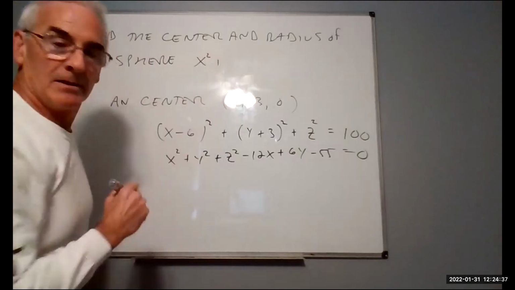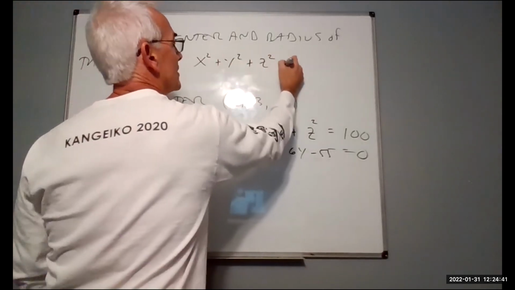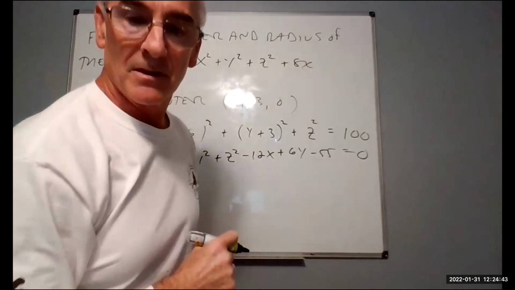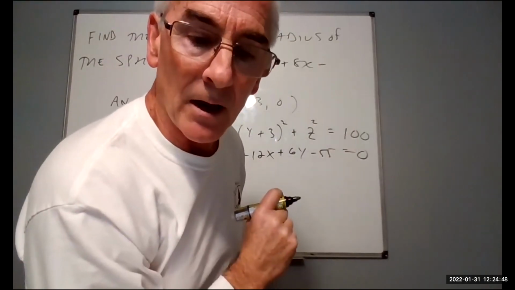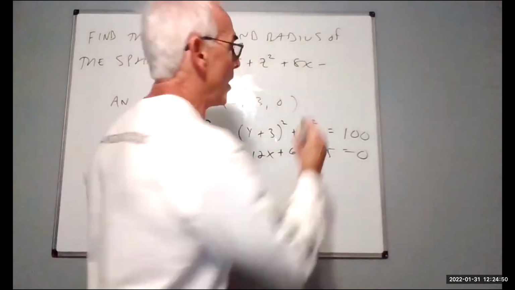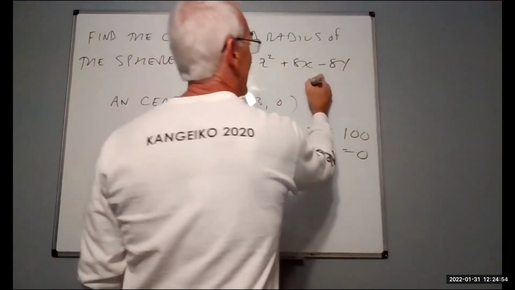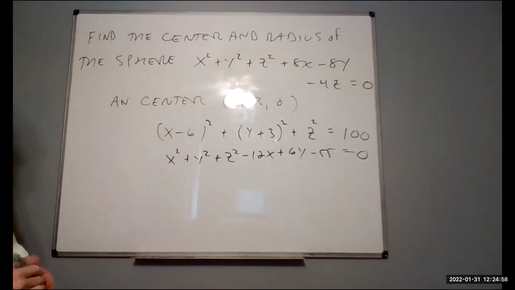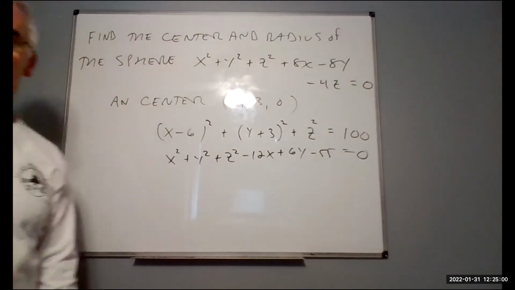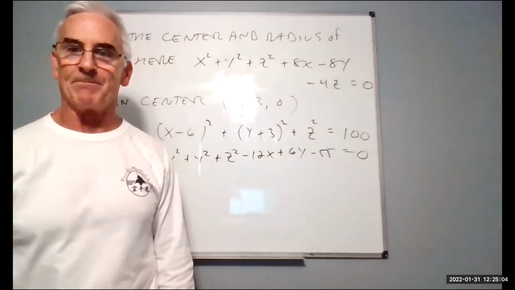X squared plus y squared plus z squared plus 8x minus 8y minus 4z equals 0. I want you to find the center and radius of this sphere here. So of course you can all just tell me right off that. You can just look at it and know it, right?